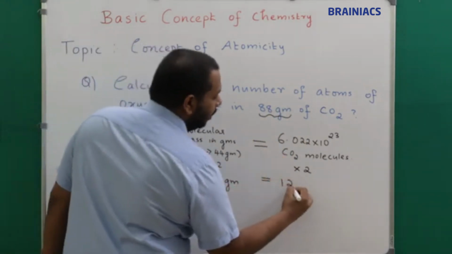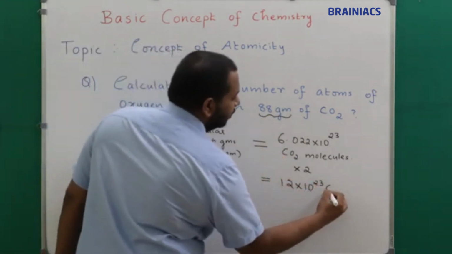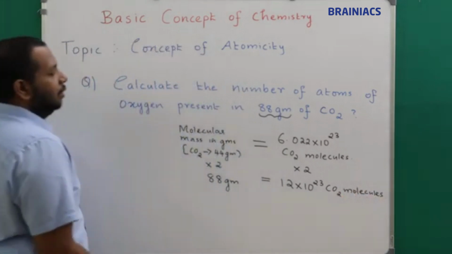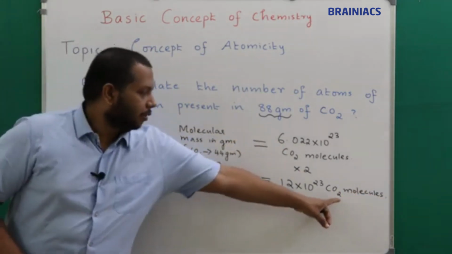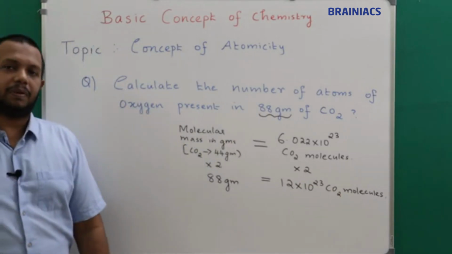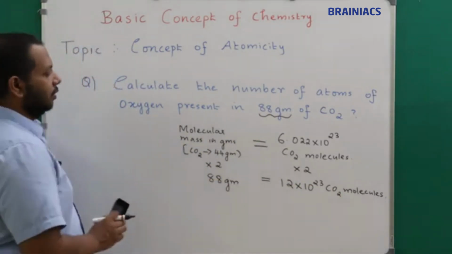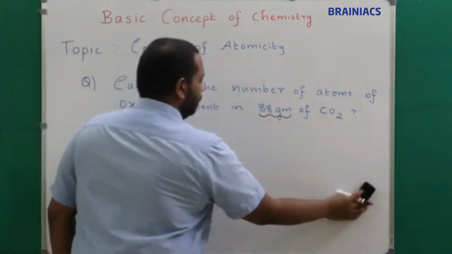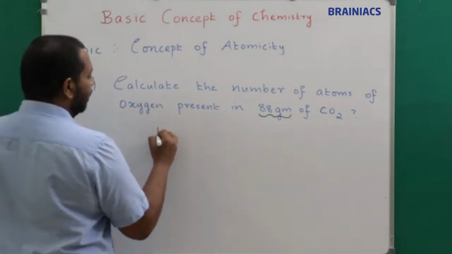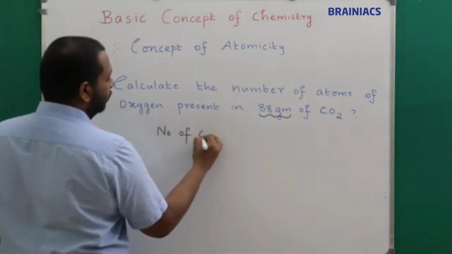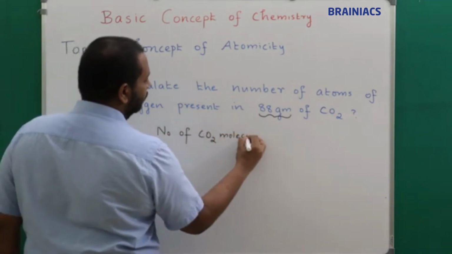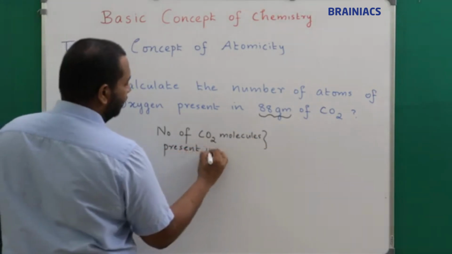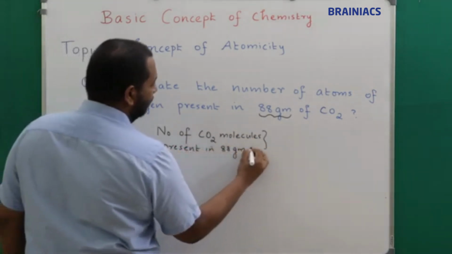This becomes 12 into 10 power 23 CO2 molecules. So the first step is calculating the number of CO2 molecules, and I got the answer 12 into 10 power 23 CO2 molecules. Right now you got the answer, but not the complete answer. Number of CO2 molecules present in 88 gram of CO2.